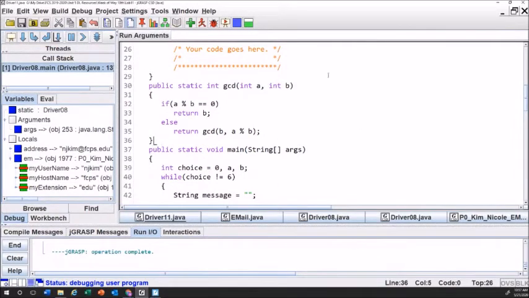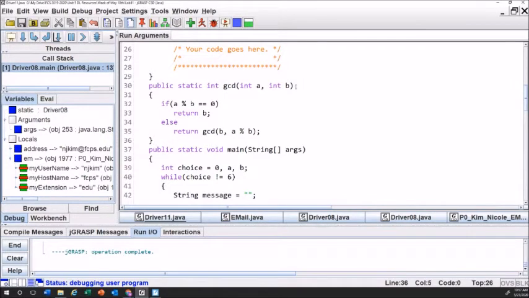So you don't really have to understand this concept, because it's kind of hard to derive. If I just explain, when you pass A and B, if A is divisible by B, you can just say B is the GCD.